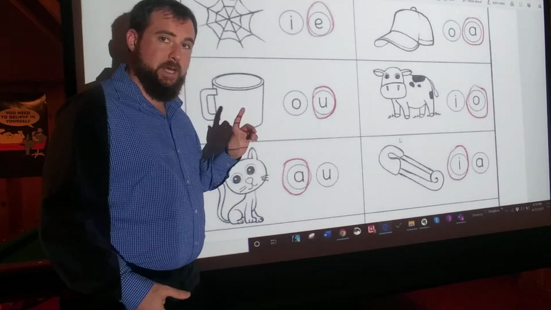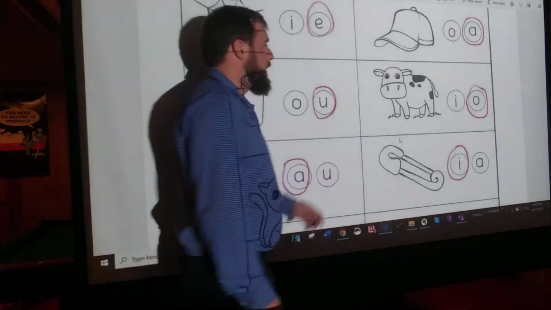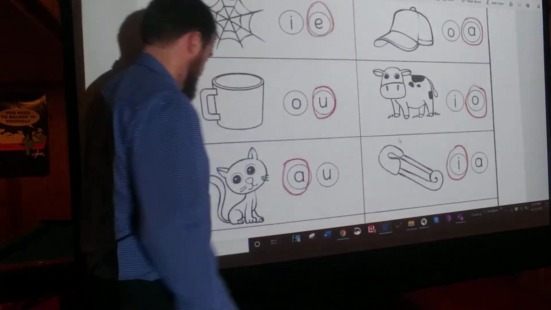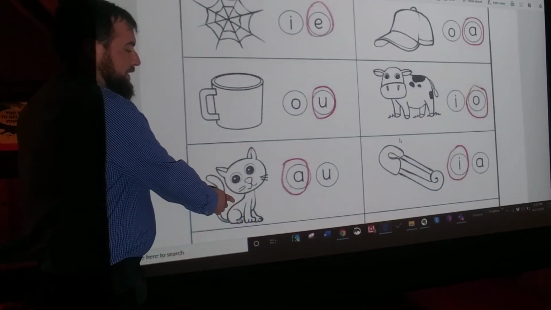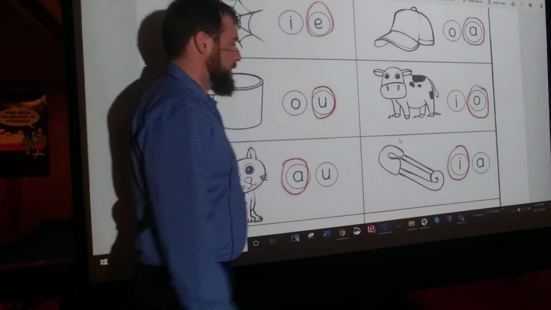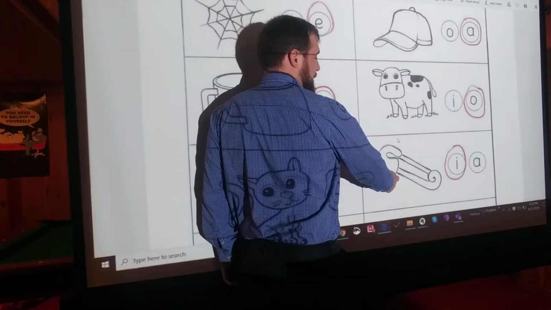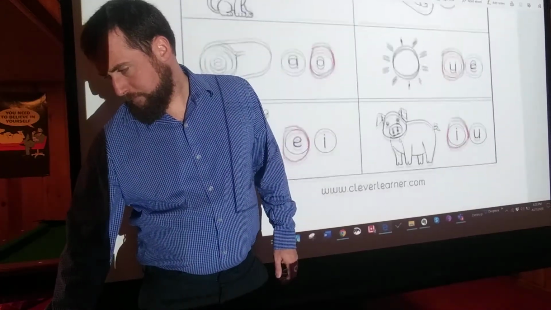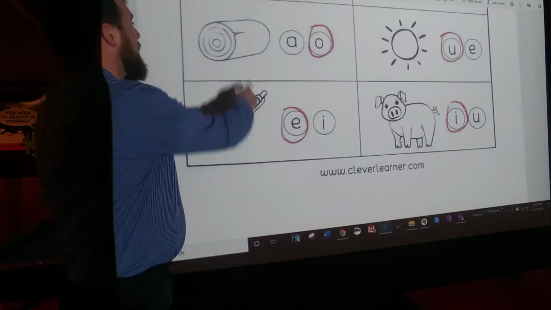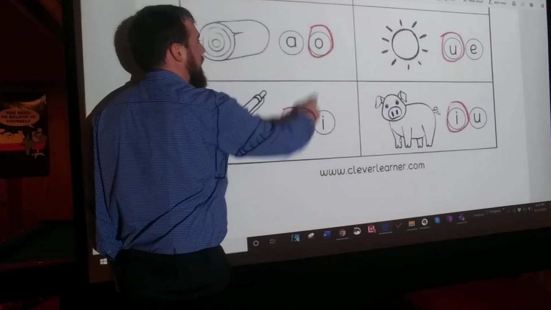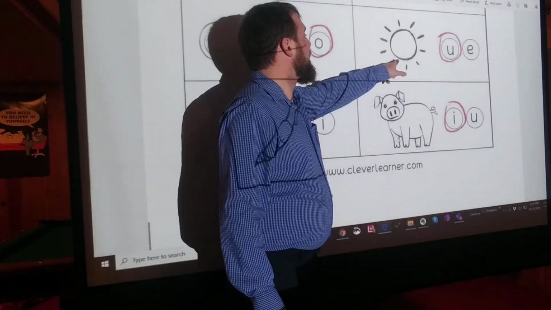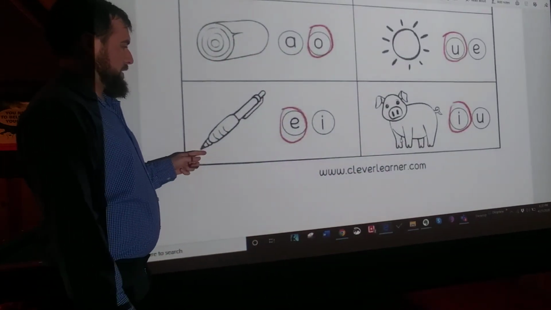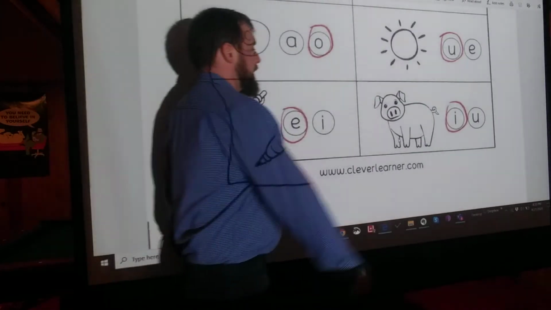So hopefully you remember a lot of these words because you've seen them before. Cow. Cat. Pin. Log. Sun. Pen. Pig.